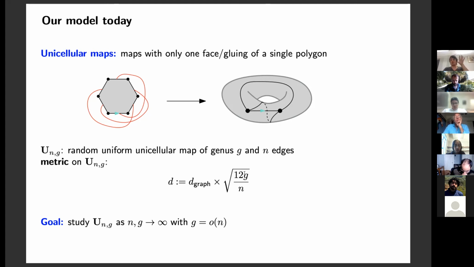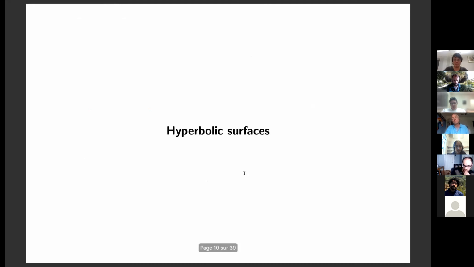So there's no curves that are going to shrink to make pinch points. So in particular, the size of the cycles should be of the same order as the diameter, which is square root of n. So it's a radically different behavior. I don't know if that answers the question at all, but yeah.